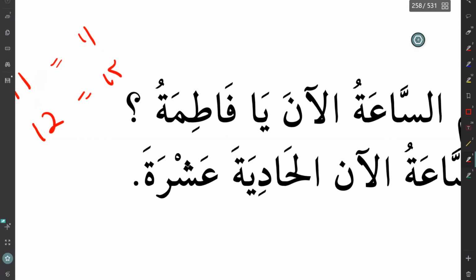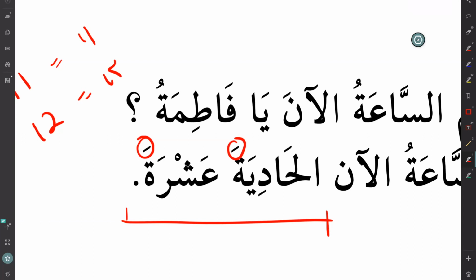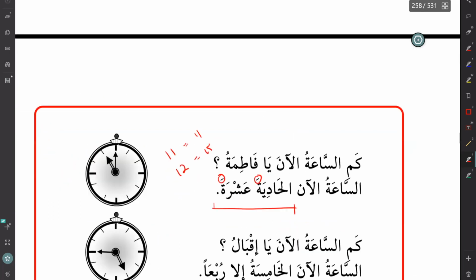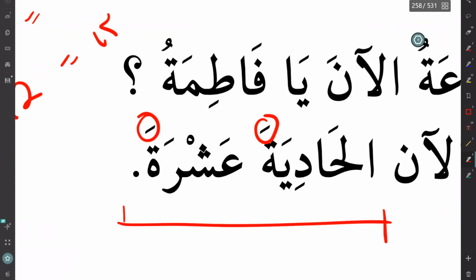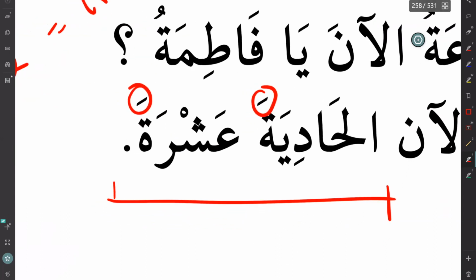Guys, when you have compound numbers from 11 to 19, there will always be fatha. So you cannot say al-hadiyatu asharatun. It will be al-hadiyata ashara. So you're getting enough rules for the day.